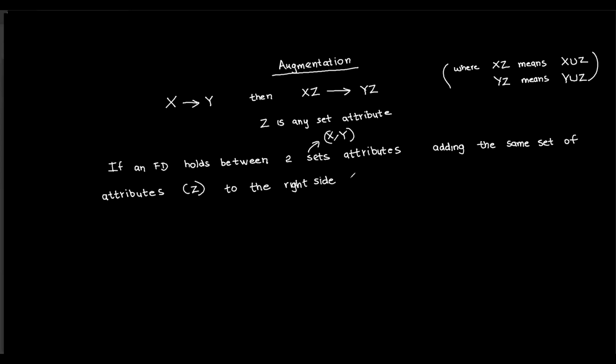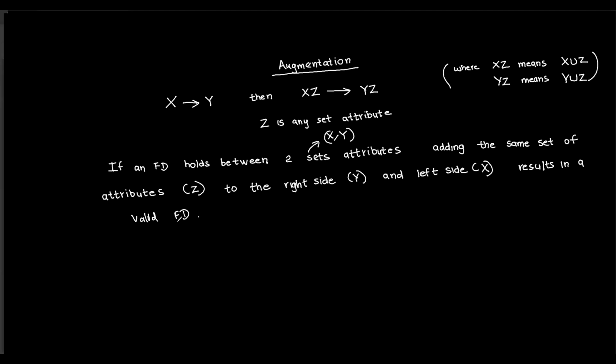What is the right side here? Y. And the left side, which is X here. Adding Z to both the right side and the left side results in a valid FD.